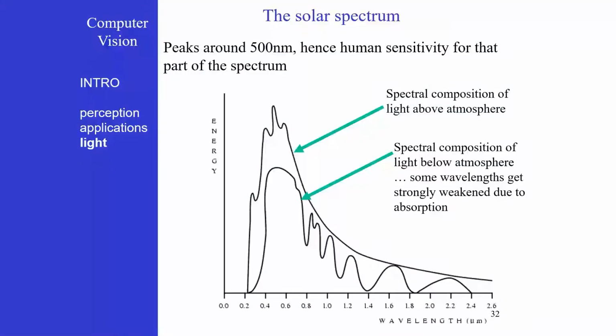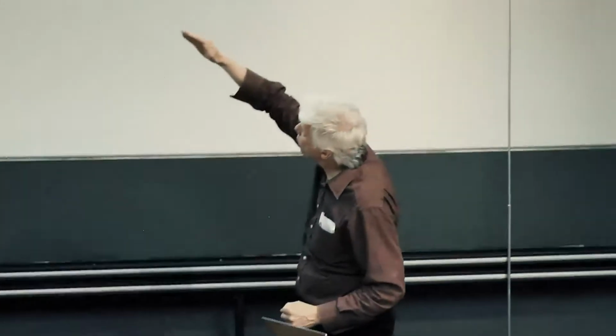of the spectrum. Here we have a curve with different wavelengths of sunlight. The top curve shows, in fact, the composition of sunlight above the atmosphere in terms of different wavelengths. The lower curve does the same, but below the atmosphere at Earth surface level.